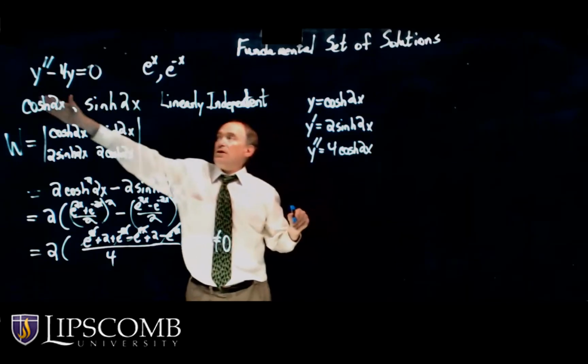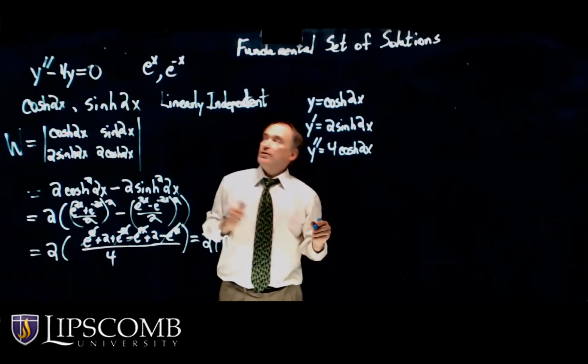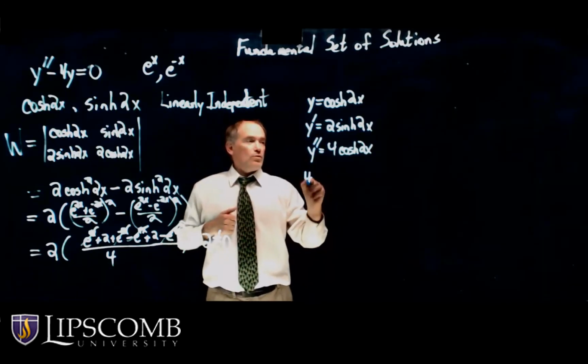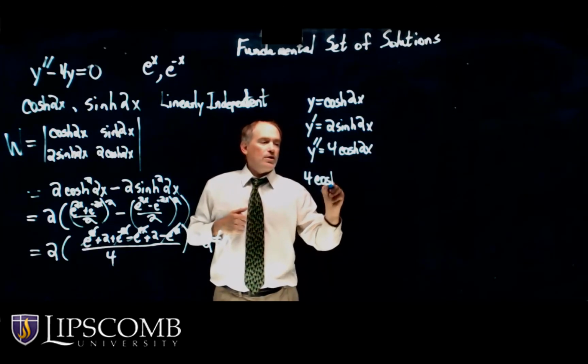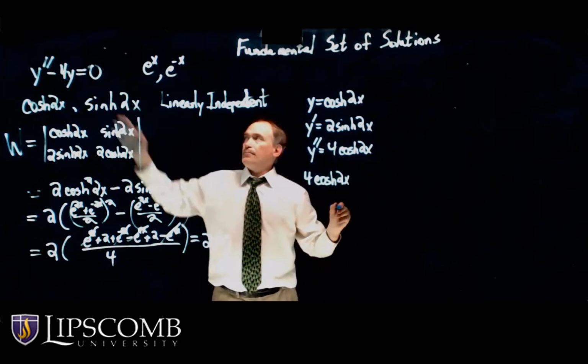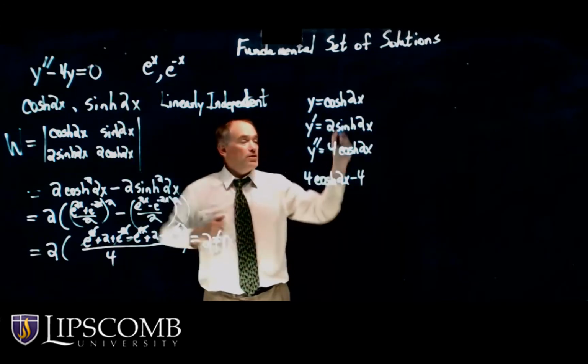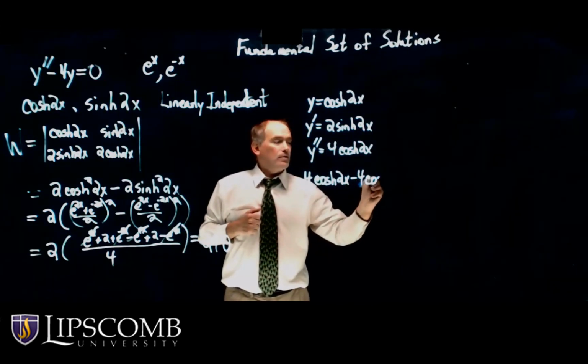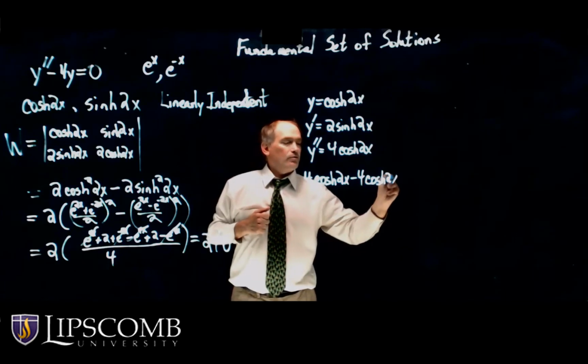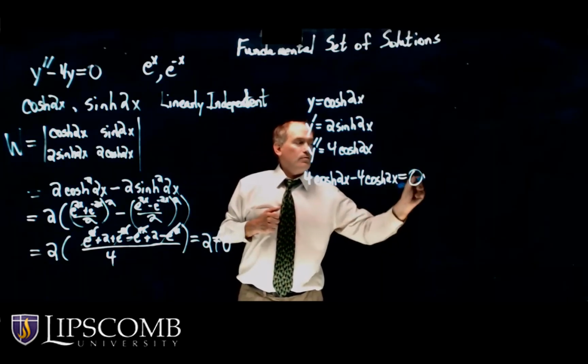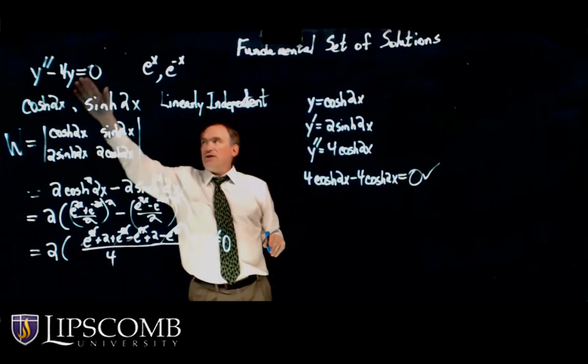Now let's plug it into this differential equation. So this would be 4 hyperbolic cosine 2x minus 4 times the function y, so that'd be hyperbolic cosine 2x, and look what you get. You get 0. So this is a solution.